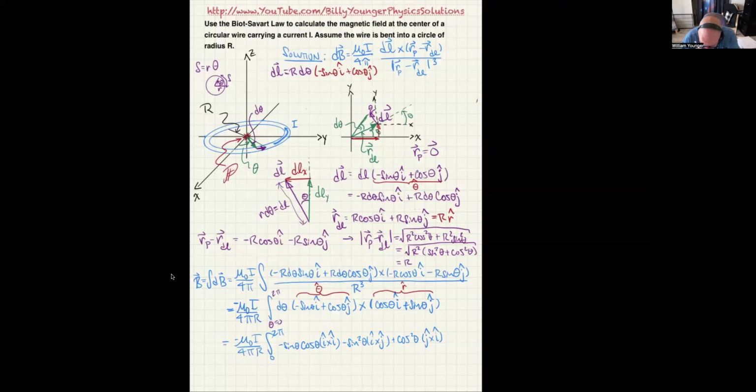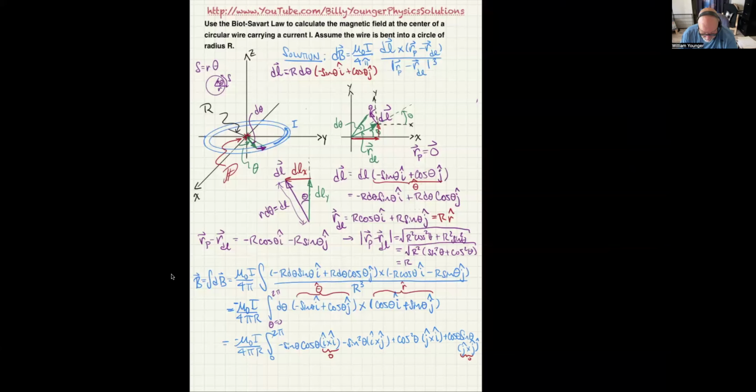And then finally the last, which is cosine theta sine theta times j hat cross j hat. But again, we know j hat cross j hat is 0. So I'm going to say this part is 0, just like this part is 0.